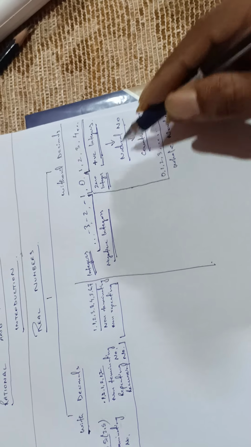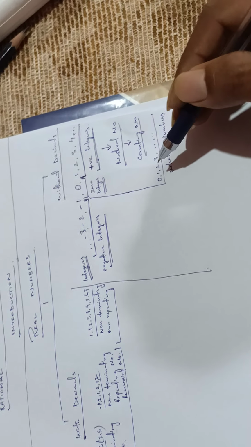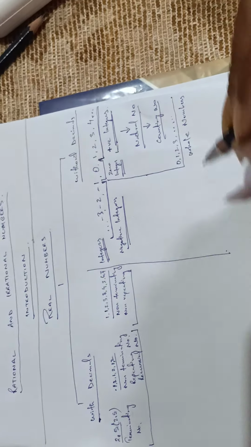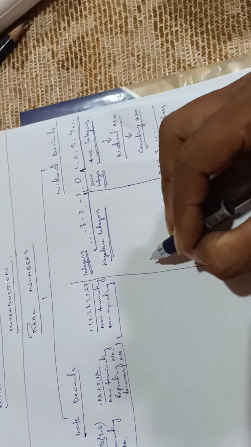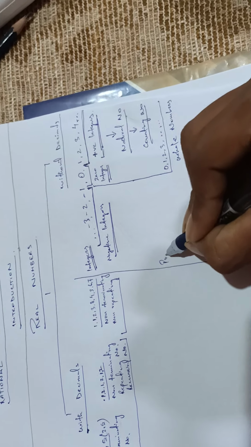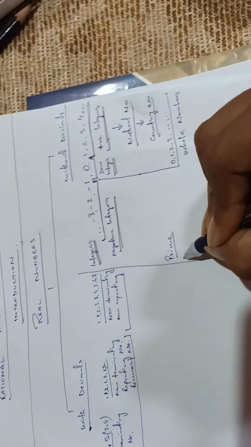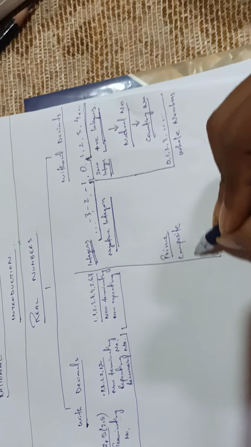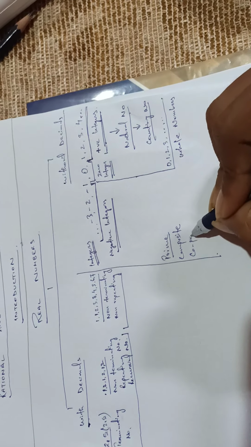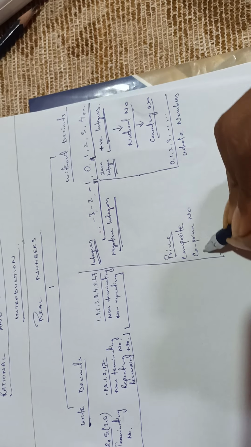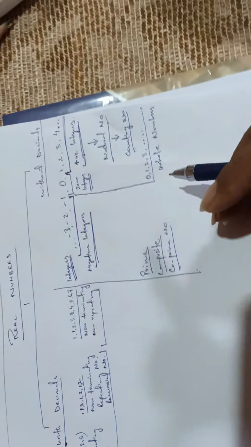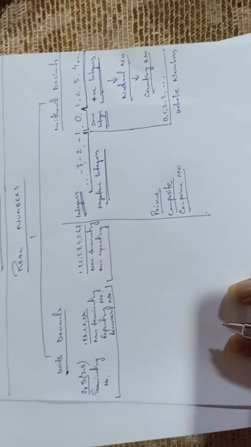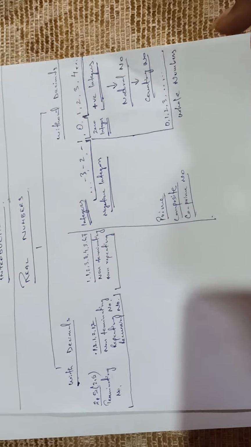So these are all the forms of the number system. We have also studied in our previous classes prime numbers, composite numbers, and co-prime numbers, which we will study in our upcoming topics.